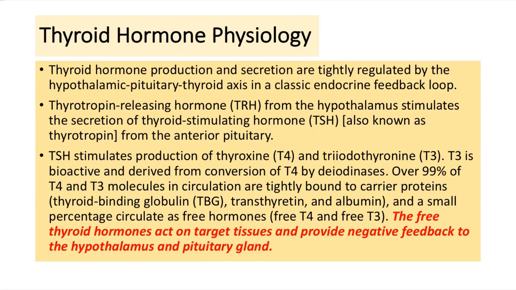Thyroid-stimulating hormone stimulates the production of thyroxine and triiodothyronine. T3 is bioactive and derived from conversion of T4 by deiodinases. The free thyroid hormones act on target tissues and provide negative feedback to the hypothalamus and pituitary gland.